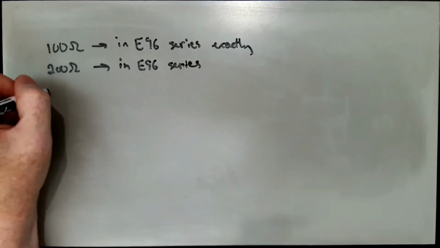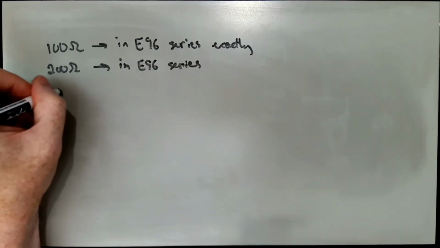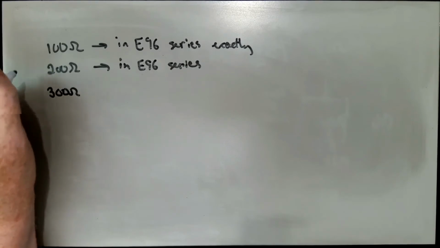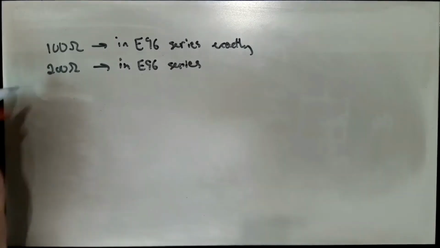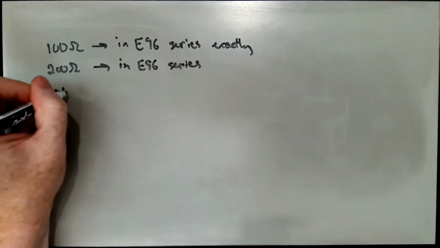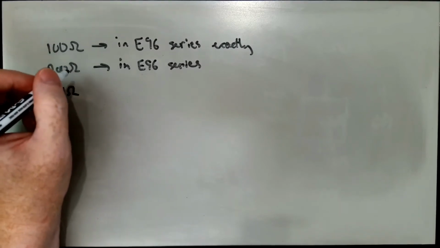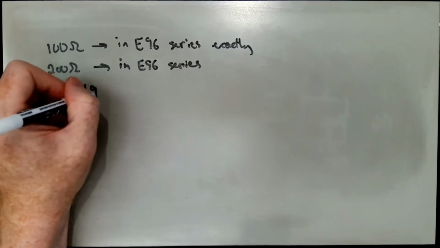Okay, the nearest value to 300 ohms is 301. So 301 in parallel with 90.9K.